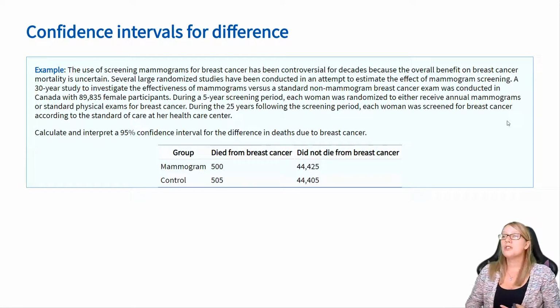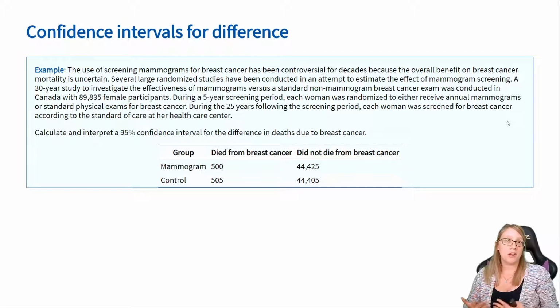The use of screening mammograms for breast cancer has been pretty controversial over the years because the overall benefit on breast cancer mortality is uncertain. Mammograms can be rather painful procedures. The idea is, is the mammogram truly catching the breast cancer in time, or are we finding it too late? So we have data from several large randomized studies that are attempting to estimate the effect of mammogram screening.